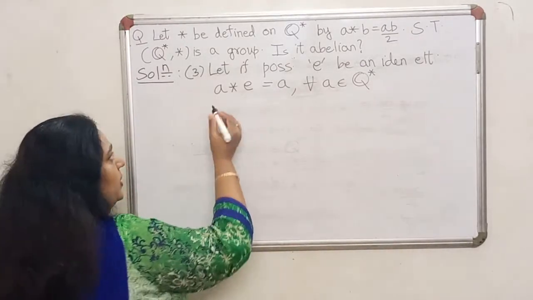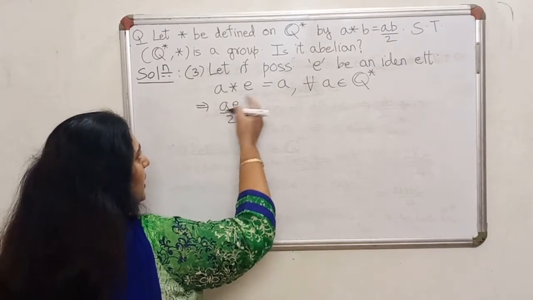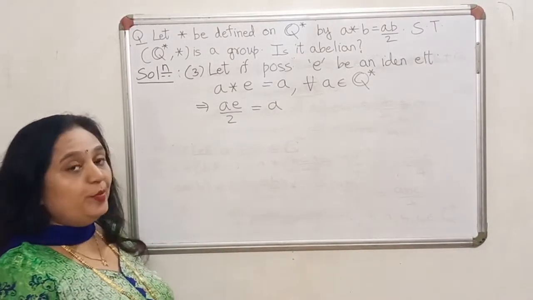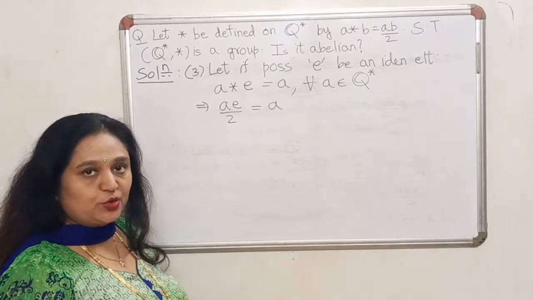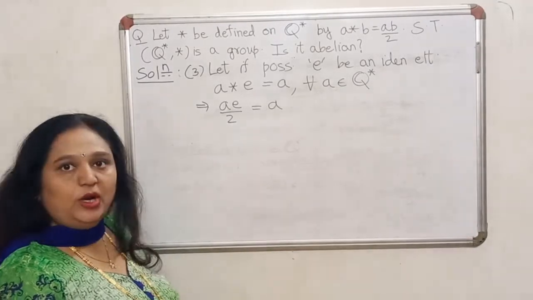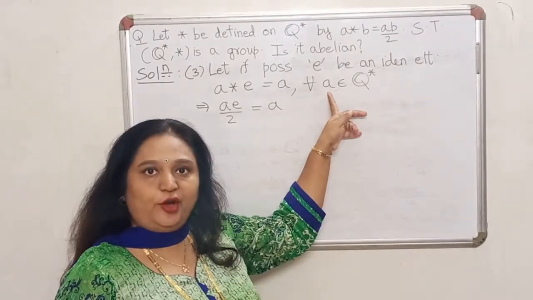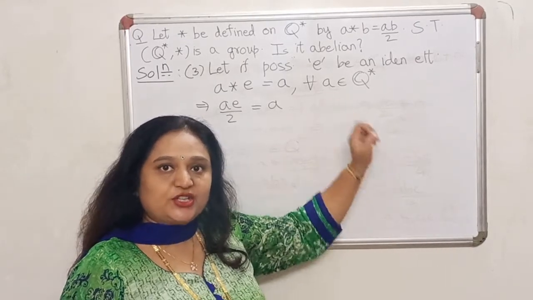Let's simplify this equation. So this means A into E upon 2 is equal to A. Now before you cancel A from both sides, please make sure it's not equal to 0. And what tells us that A is not equal to 0? Remember where A is coming from. A is from Q star. That means it's a non-zero rational number.